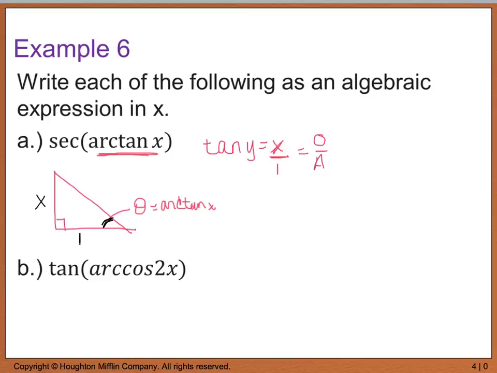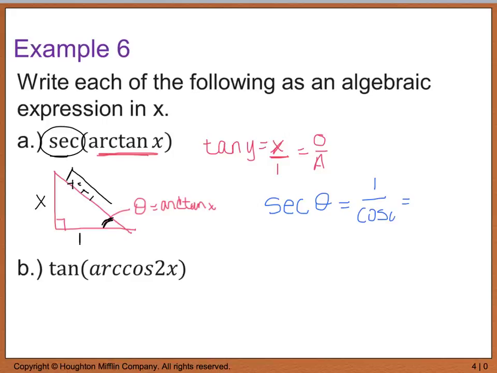And based on that information, I can find my hypotenuse. My hypotenuse is going to equal the square root of x squared plus 1. So based on all of that information, I can now go and evaluate secant. Secant of theta is going to be equal to 1 divided by cosine.